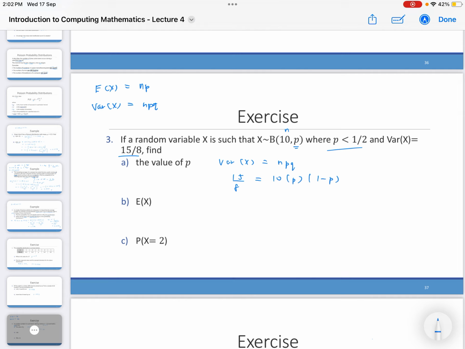Then we can expand the bracket on the right side. So 15/8 equals 10 times (p minus p squared).